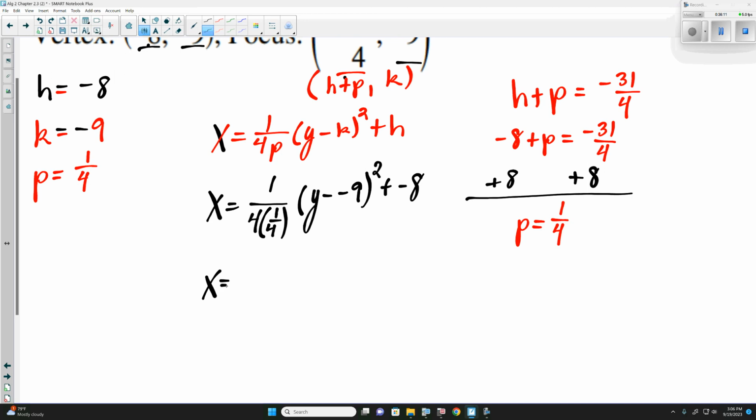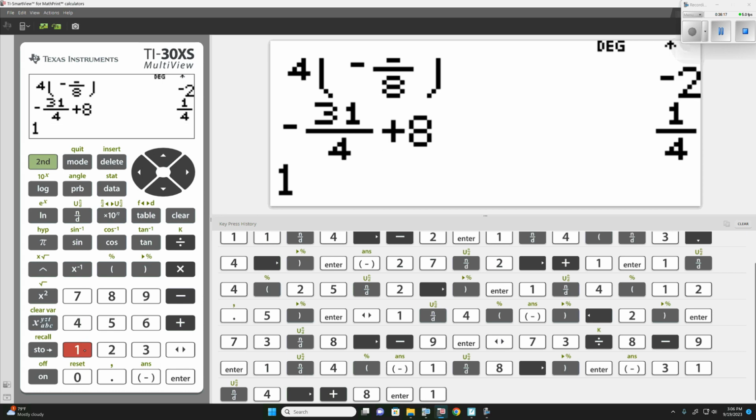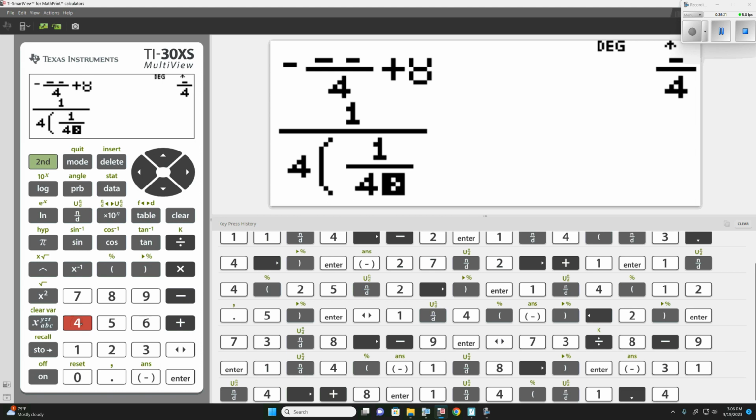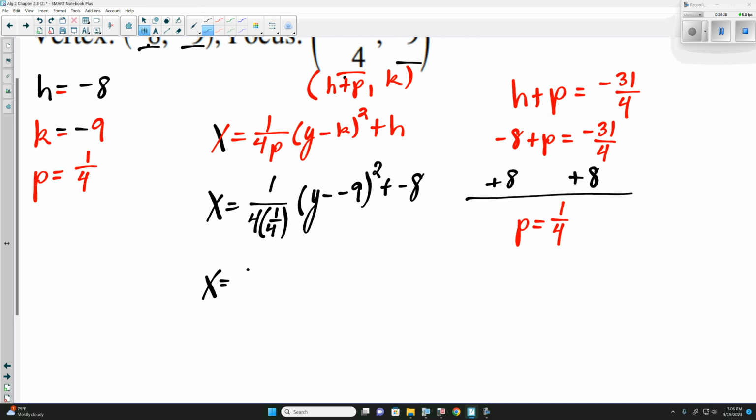So x equals. Now we do need to simplify our 1 over 4 times 1/4. So 1 over 4 times 4 is 1. So we can write it in as 1 times. We don't necessarily need it, but we can put it in there.